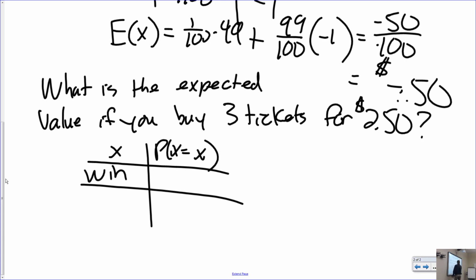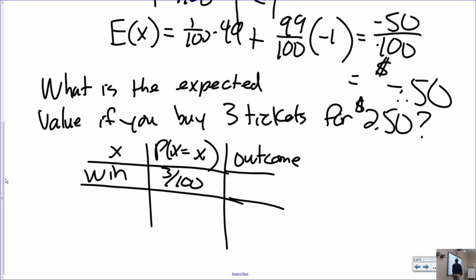3 out of 100. And what's the outcome? How much do you win if you win? Whatever's 50 minus 2.50: $47.50, right?